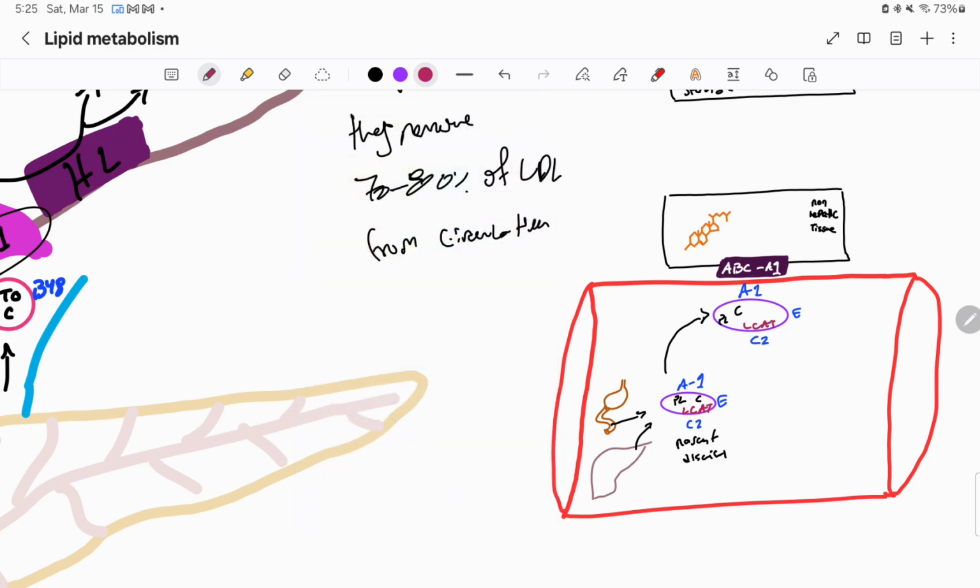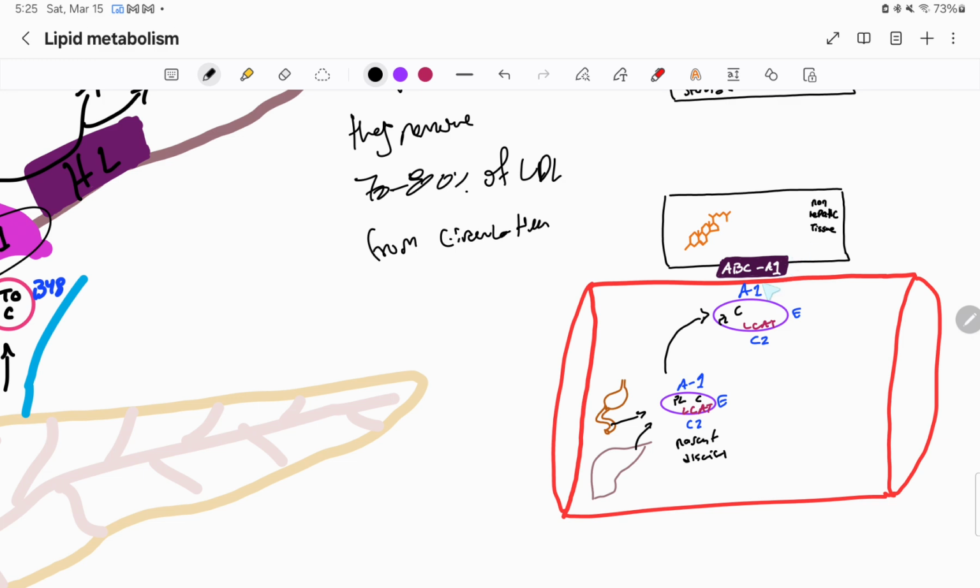We'll talk about this. So what's going to happen is that this ApoA1 is going to interact with a specific receptor on this tissue. This receptor is called ABCA1, or the ATP binding cassette transporter A1. Why A1? Because it's associating with ApoA1.